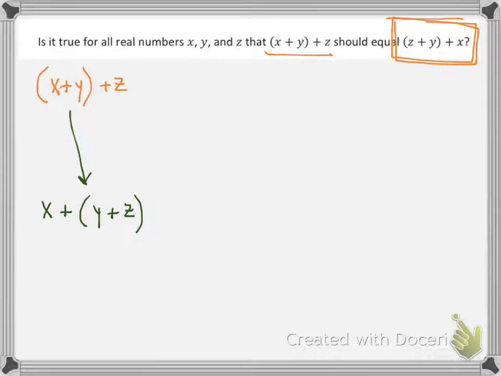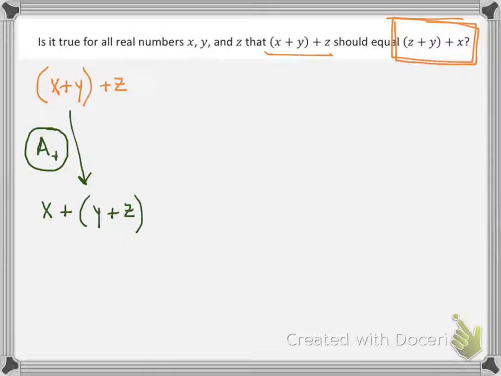In order to do that, I have to employ the associative property of addition. I'm just associating different values together. This is the associative property of addition, and that is what allows me to change from my first expression to the second one.